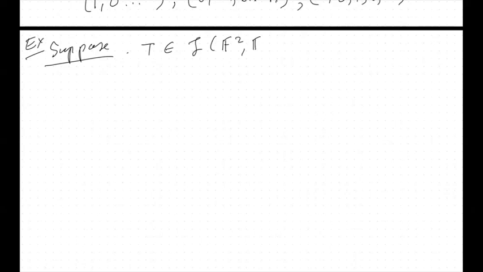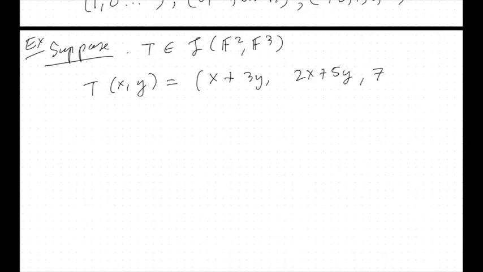Now let us consider an example of a linear map. Suppose that we get a linear map T from F2 to F3, defined as follows: T of (x, y) is x plus 3y, and then 2x plus 5y, and then 7x plus 9y.